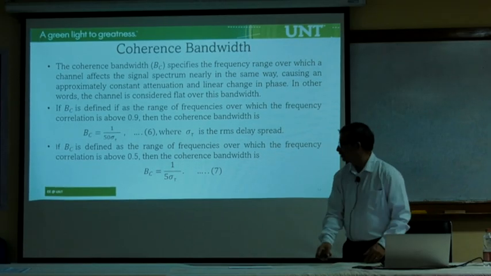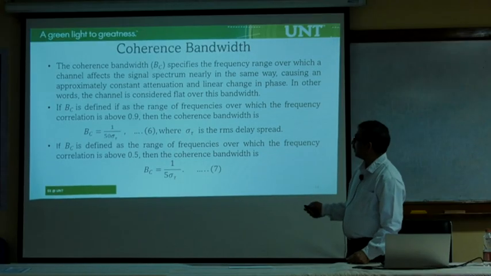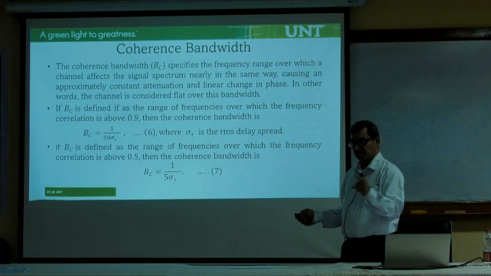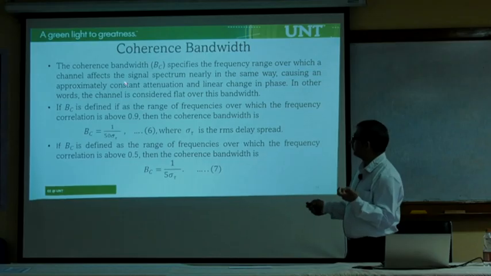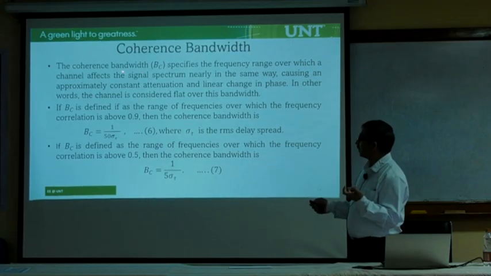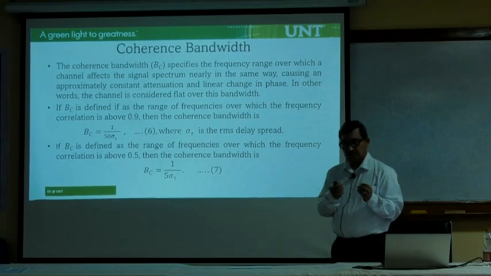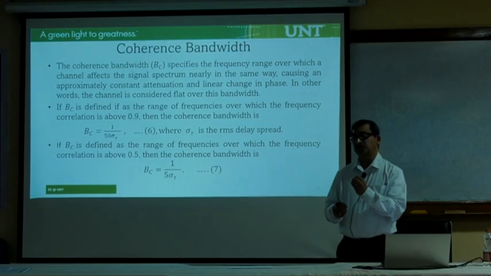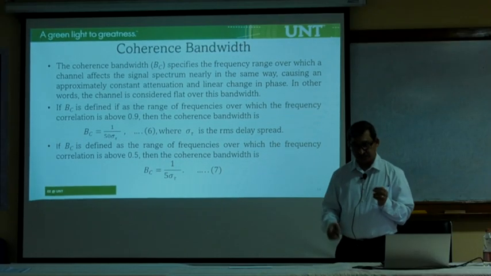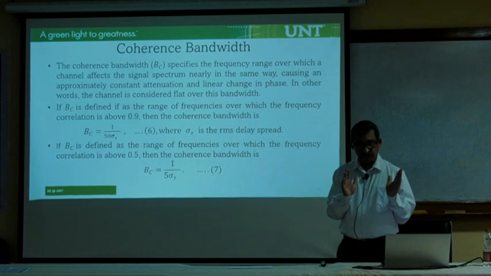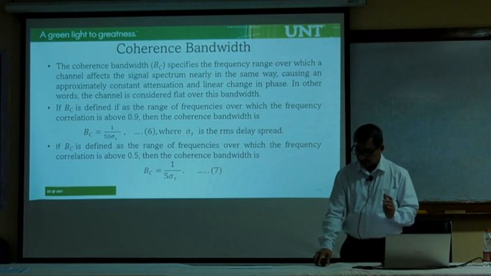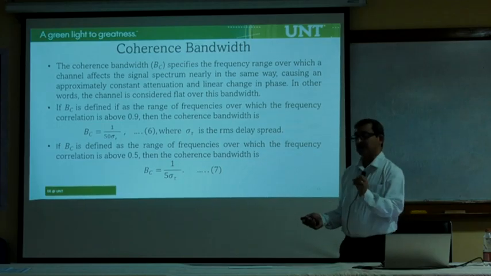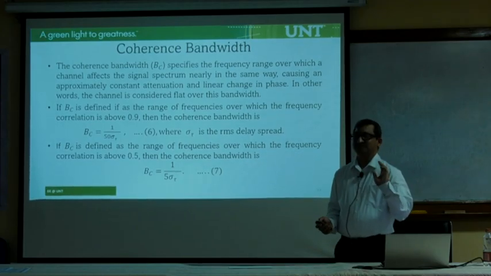Basically, in terms of the frequency axis or in terms of bandwidth, how are these channel characteristics going to vary. So can we come up with a way of identifying the bandwidth over which the channel is going to behave exactly the same?